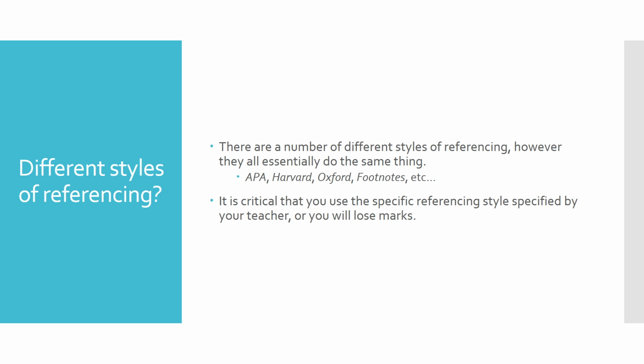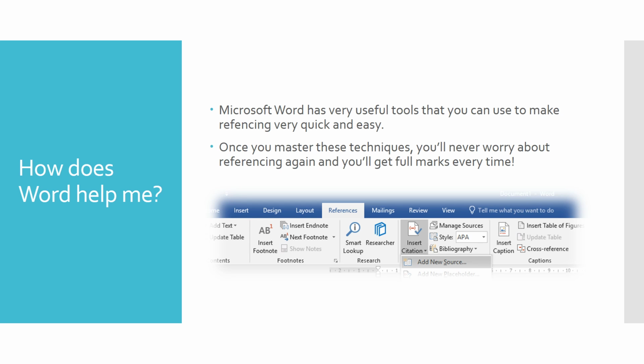So if your teacher tells you in economics, for instance, to do APA, you have to use APA. But if in legal studies you are told to do Harvard, you have to do Harvard. Using a different style can make you lose marks. You might not get picked up for plagiarism per se and get 0, but you can lose marks nonetheless. So you want to make sure you do it right. But again, at the end of this video, you're going to see how easy that is to do.